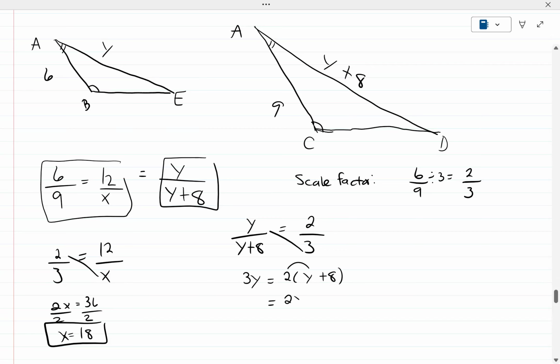So it's 2Y plus 2 times 8, 8 times 2 is 16. This is 3Y. So solve for Y by subtracting 2Y, subtracting 2Y. So you get Y equals 16. Here, so we got Y equals 16 and X equals 18. So we just found our two unknown letters.